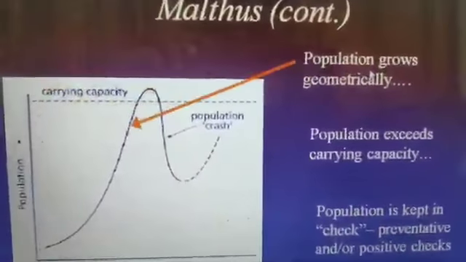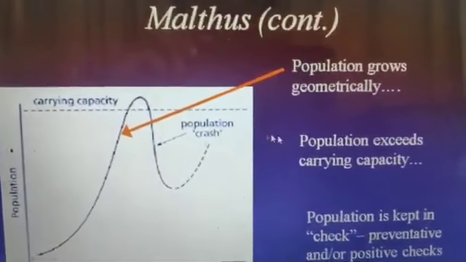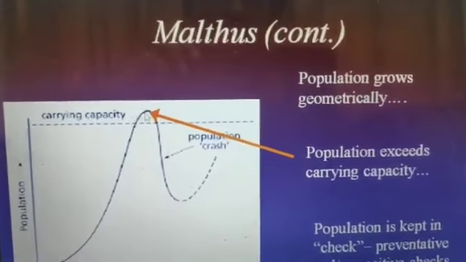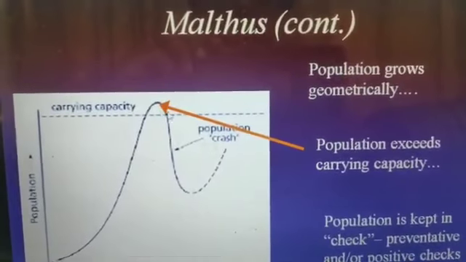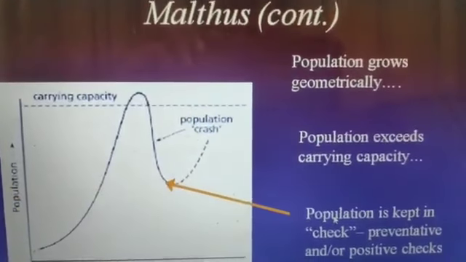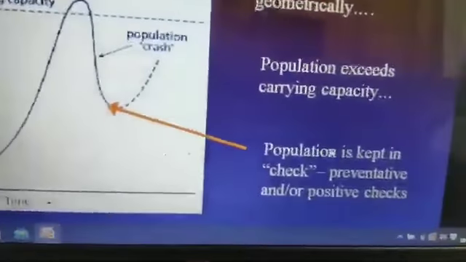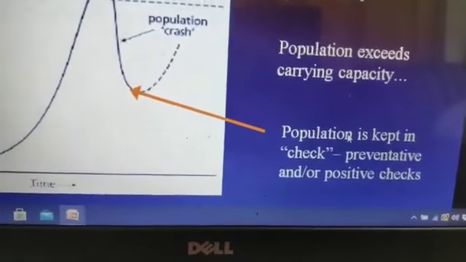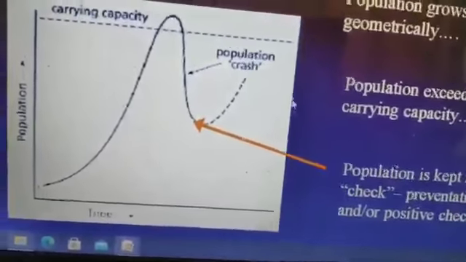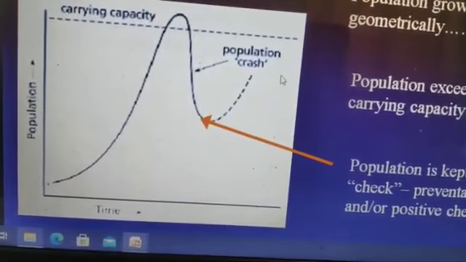What Malthus said is that population grows geometrically, and exceeding the carrying capacity creates the problem. Then the population is kept in check through preventive and positive checks. So this graph shows the entire theory of Malthus.